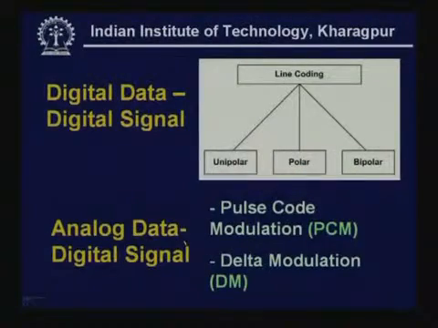Or interleaving can be done in terms of blocks of bytes. And of course, as we know, here we have to generate data in digital form, and you have to do suitable encoding like digital data to digital signal encoding, or if your data is analog in nature, then you have to convert it into digital form by using pulse code modulation or delta modulation, get the digital signal, and then you can do time division multiplexing.